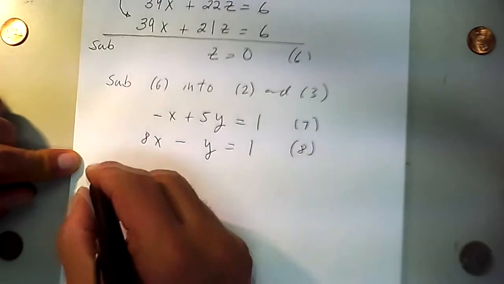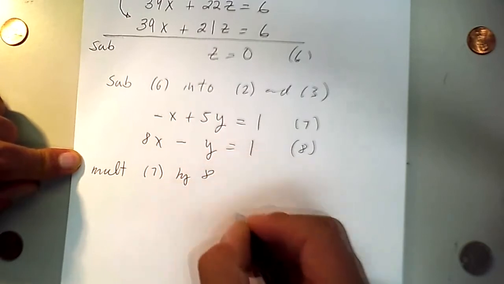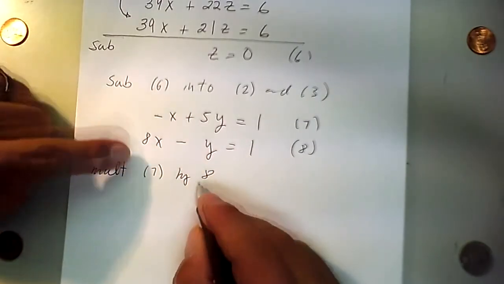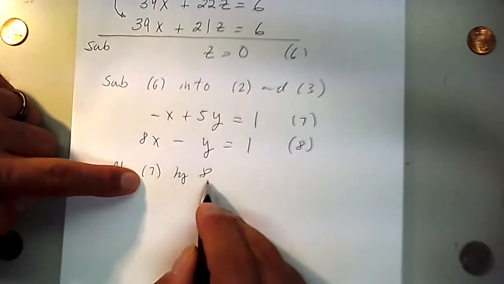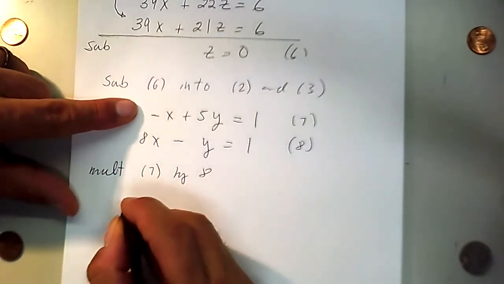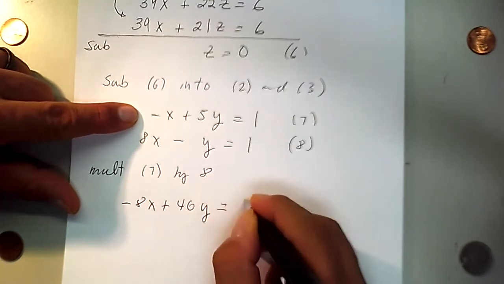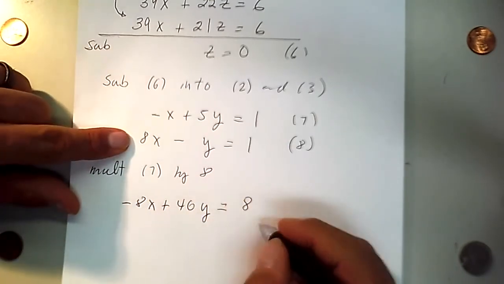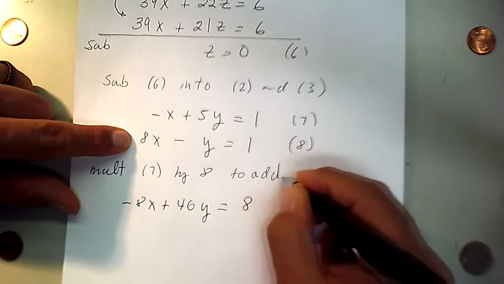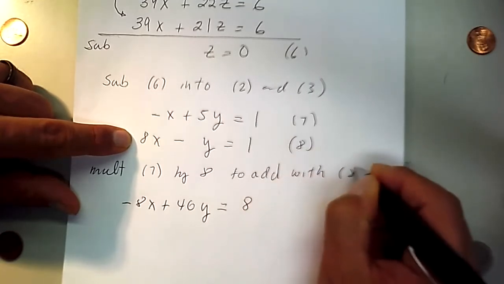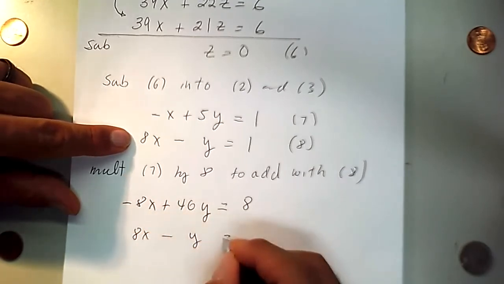So multiply equation 7 by the number 8. That's why I put this in parentheses, so that refers to the equation number 7 versus the number 8. So we have negative 8x plus 40y equals 8. I'm going to write down this equation to add with equation 8. So 8x minus y equals 1.